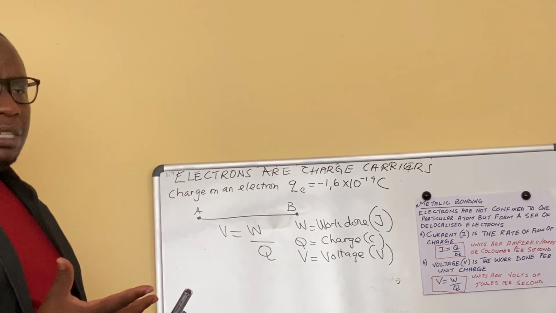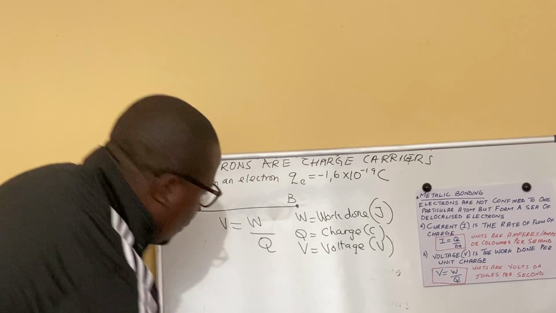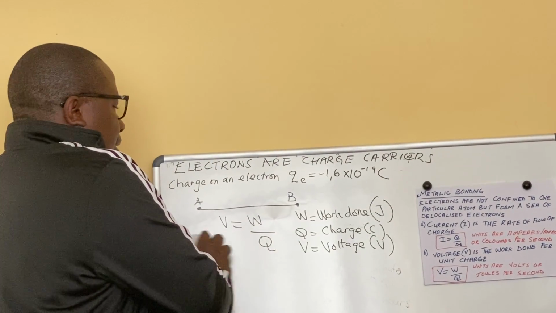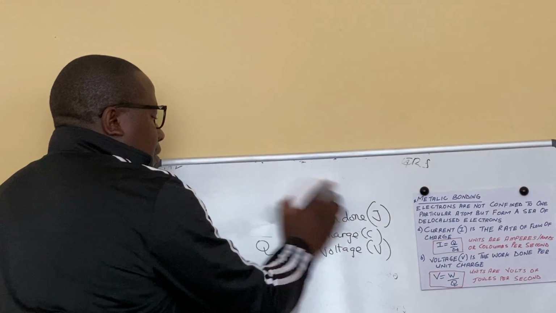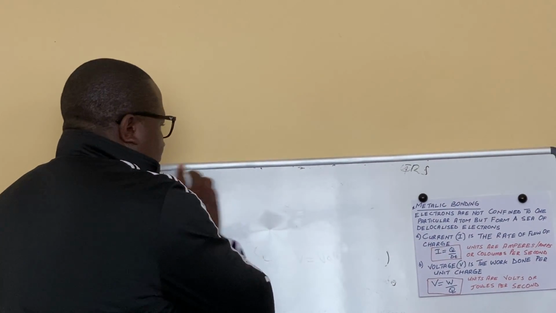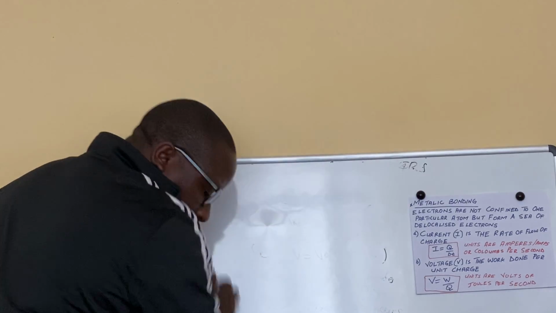So I'm sure we understand what we are talking about. Again, there are calculations we can do here. We can do very simple calculations like what we did with current. So let us look at them.